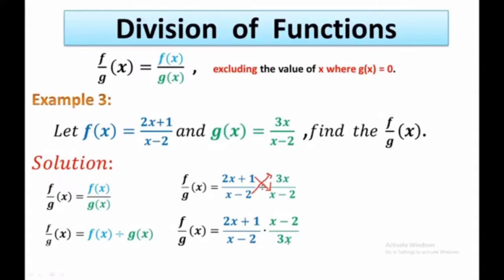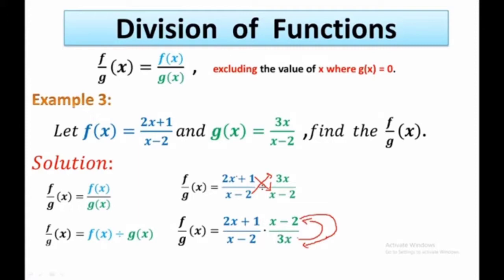So what happened here? It flipped. It's the reciprocal of the second fraction. So 2x plus 1 times x minus 2 over x minus 2 times 3x.